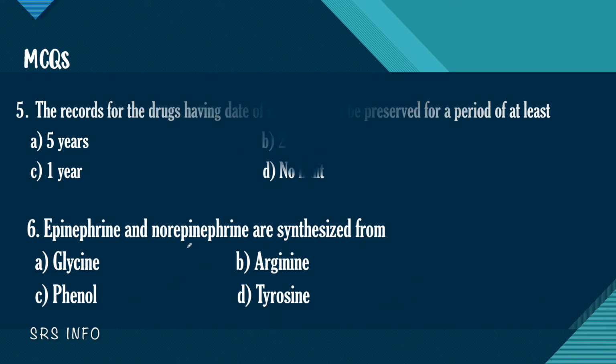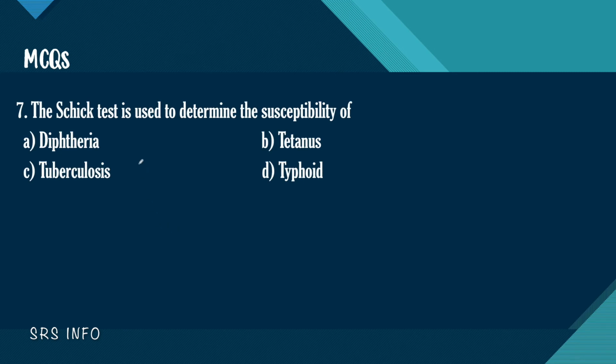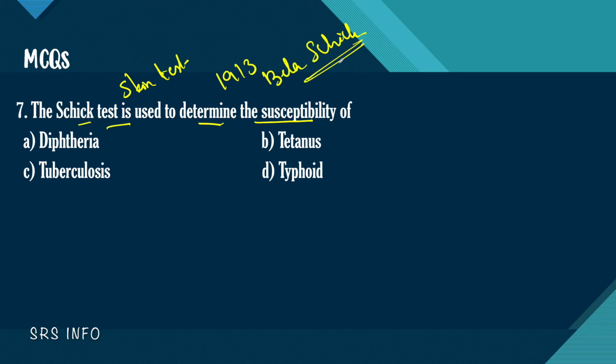Moving to the next: the Schick test is used to determine the susceptibility to which disease? The Schick test is a skin test developed in 1913 by Bela Schick, and by his name it is known as the Schick test. It is used to determine susceptibility to diphtheria.